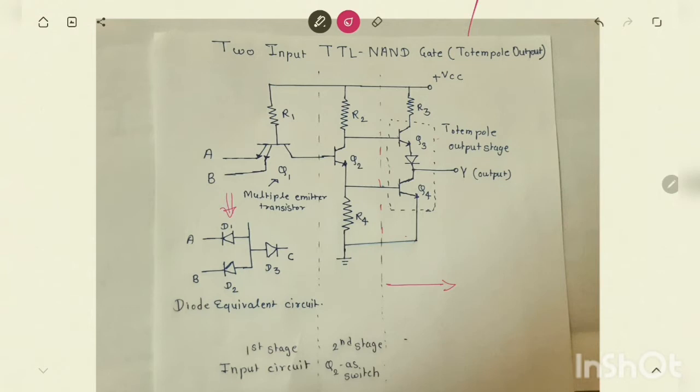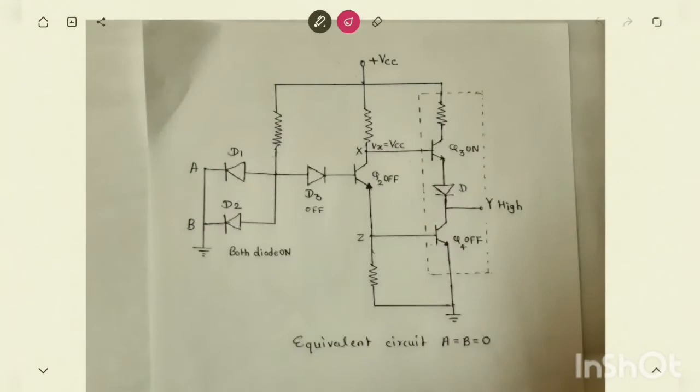For the sake of understanding, we are replacing this input transistor by the diode equivalent circuit.